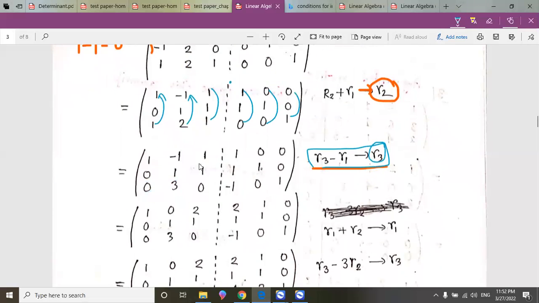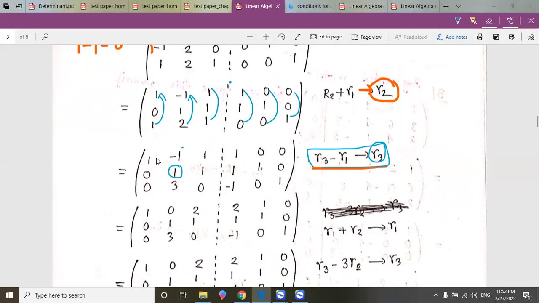So now let's see what we can do here. So we also want 0 here, right? Because this is our first pivot point. This is our second pivot point. We also want 0 here.